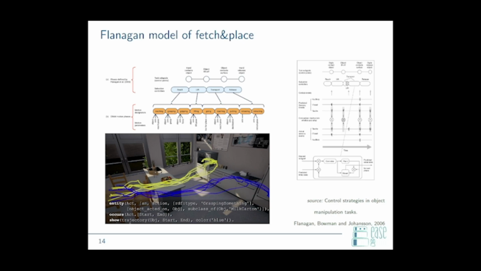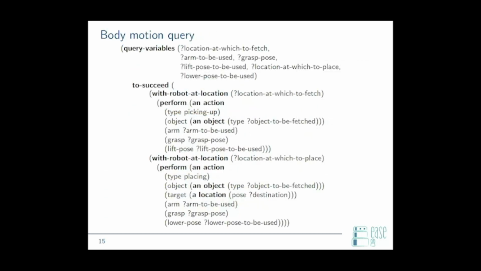So if in our control program we have these generalized action plans, we have these very concrete motion plans, then it's clear what is intelligent agency, right? Because it can only be one thing. It's basically answering the so-called body motion query. So what are the concrete parameters in my motion plans?